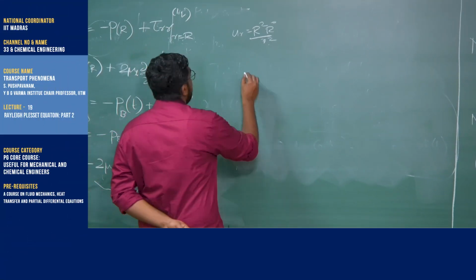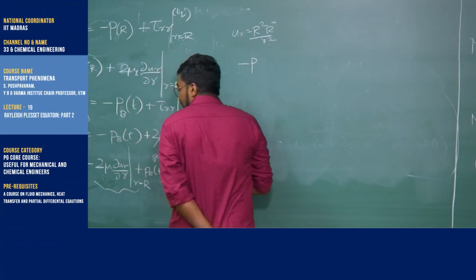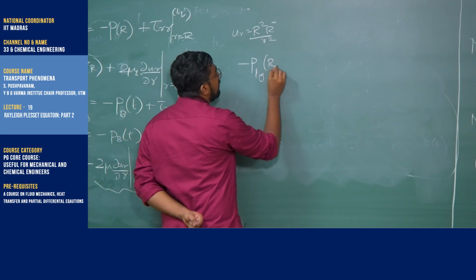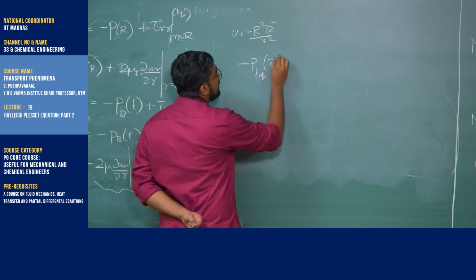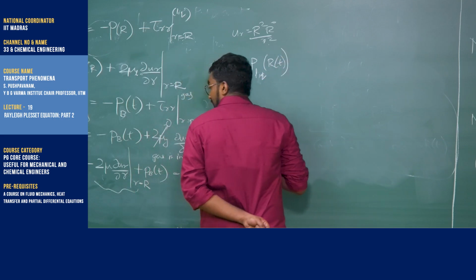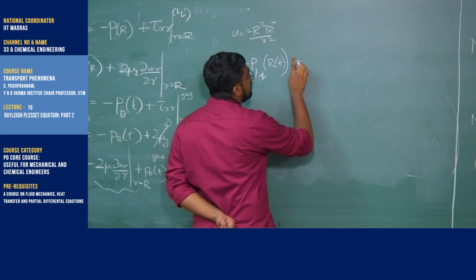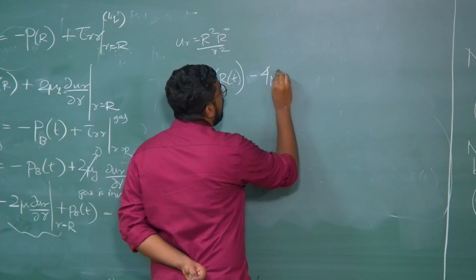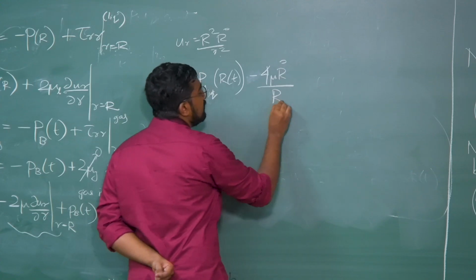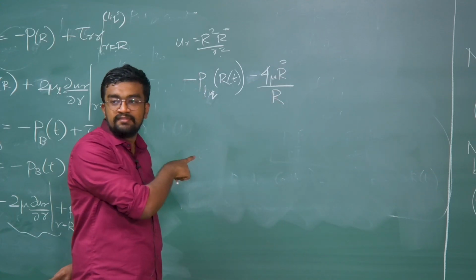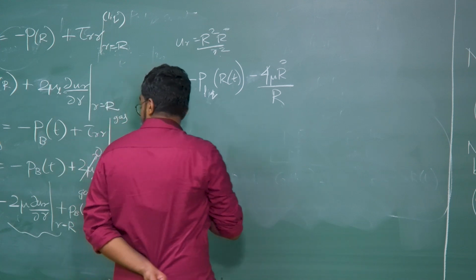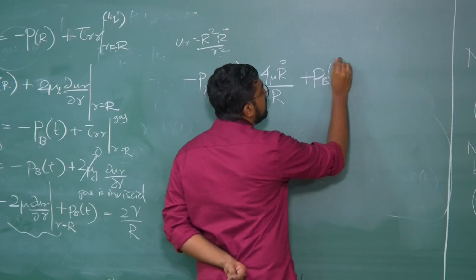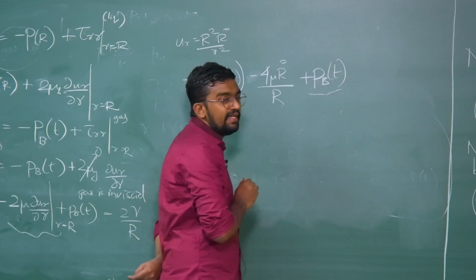So, we get minus P, the liquid side pressure at r equal to R. This is also a function of time, do not forget. Minus 4 mu R dot by R. Everybody got this? Plus P bubble at any time, the pressure inside the bubble at any given time.